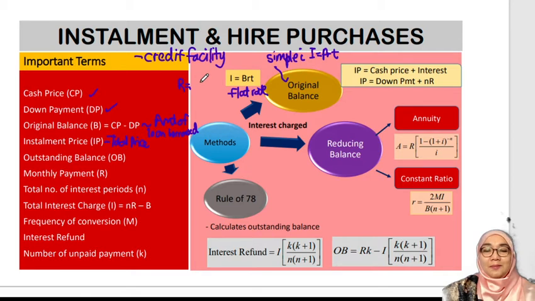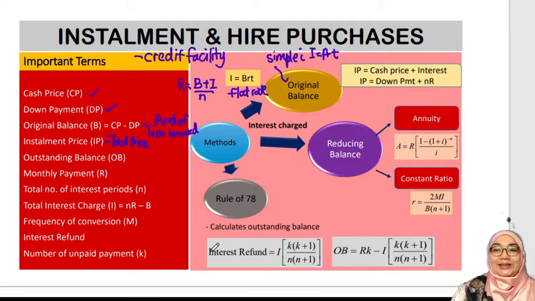So kalau monthly payment based on the original balance, kita akan calculate by dividing the sum of loan plus interest over total number of interest periods ataupun total period N ya. So kalau you buat loan tadi, katakanlah you beli motorbike tadi 30 bulan loan dia kan, you have to put N equal to 30.